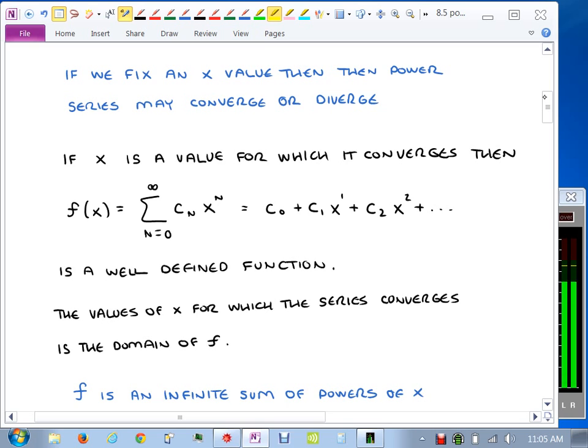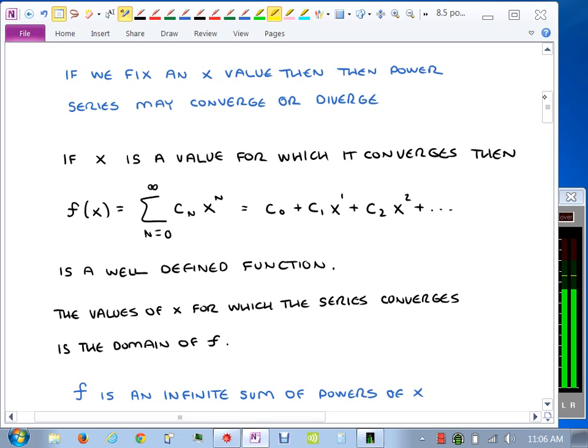All right, so if x is a value for which it converges, then we can define the power series as a function. Say this function f of x is defined to be this power series, as long as it converges. Then for x's that you plug in, you have a value that comes out, so it's a well-defined function. The values of x for which the series converges is called the domain.